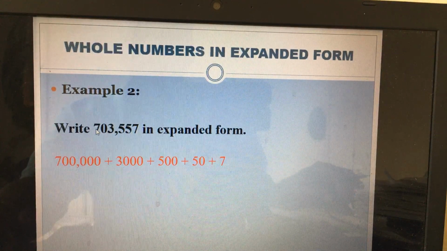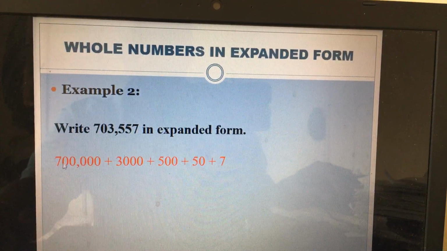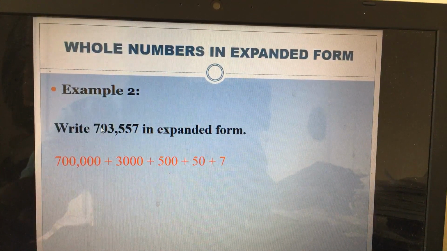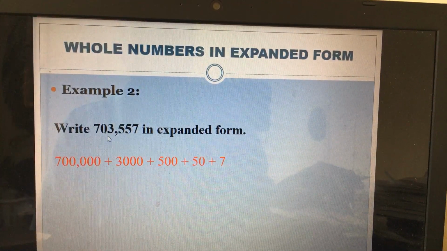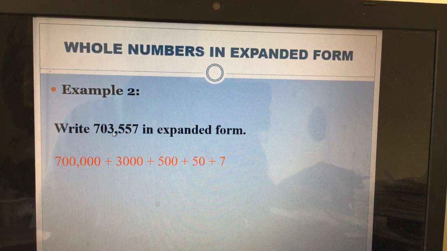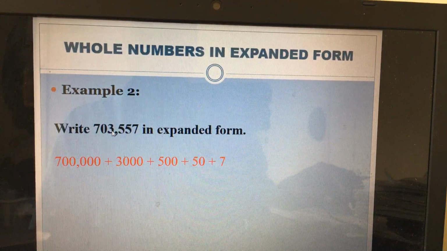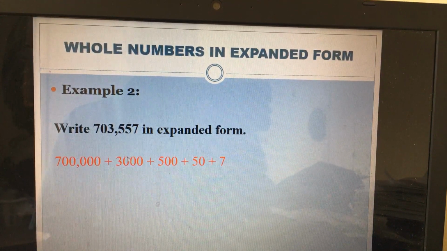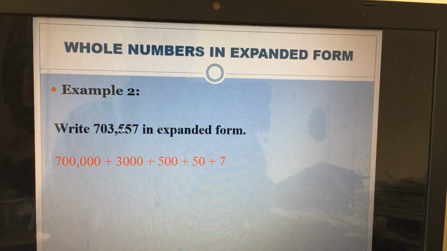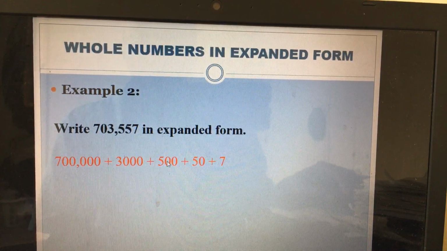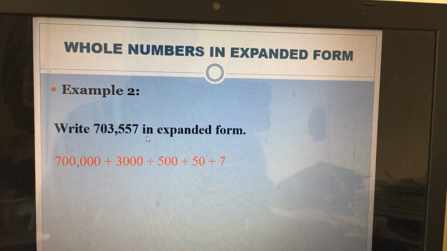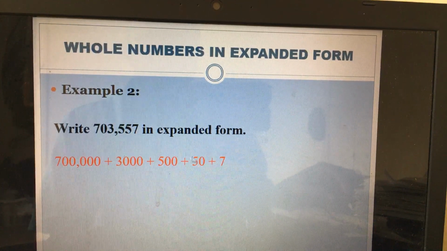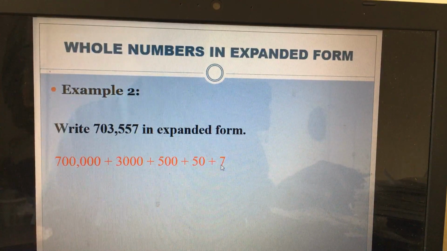So this 7 is in the 700,000 place. This 0 is just a placeholder, so we are not worried about it. And 3 is in the thousands place, so it becomes 3,000. 5 is in the hundreds place, so it becomes 500. 5 is in the tens place, it becomes 50. And 7 is in the ones place, it becomes just 7. Okay?